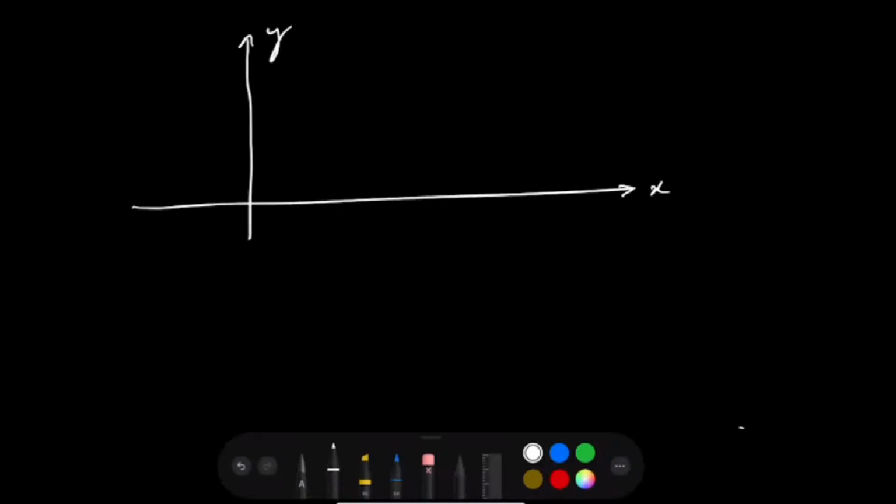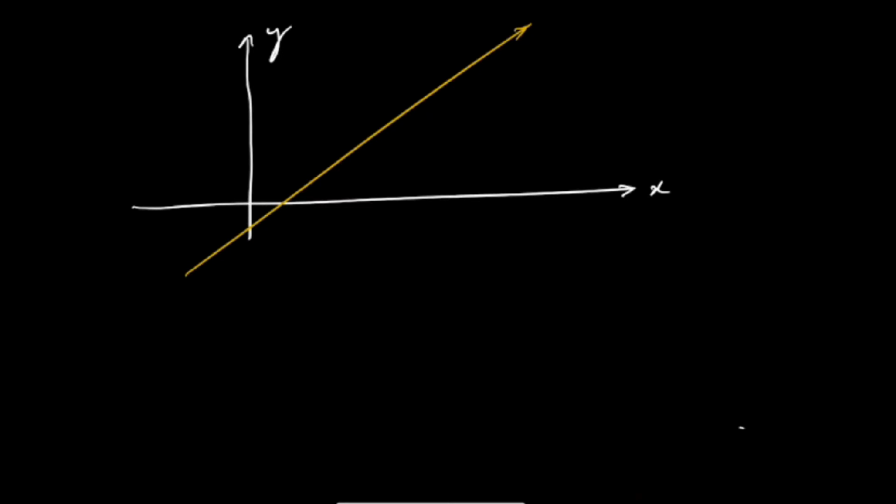Now, if this is the x-axis and this is the y-axis, and if you plot any linear equation, y equals mx plus c, what do you get? You get a straight line, correct?